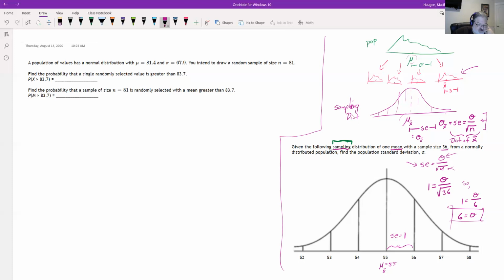Now, see, this other question, population of values has a normal distribution. Our original population doesn't have to have a normal distribution, but having a normal distribution means our sampling distribution is going to be normal with any sample size.